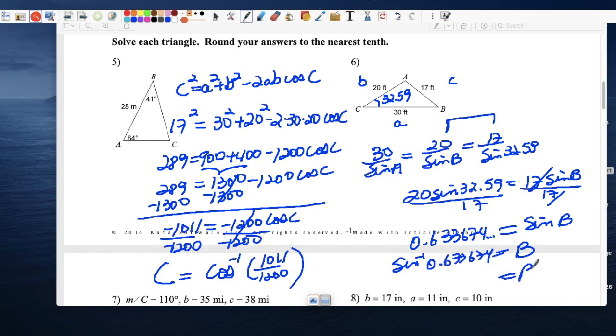We get that angle B is 39.32. Rounded. With this angle, 39.32. So to find angle A, that makes it the easiest thing to do ever. 180 minus 32.59 minus 39.32 equals 108.09.